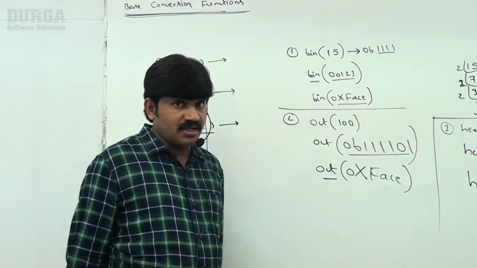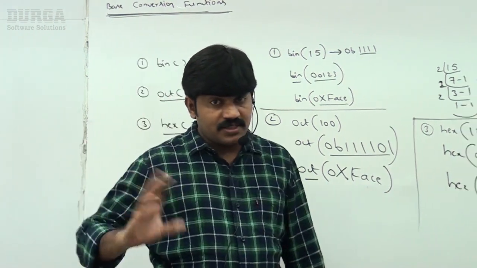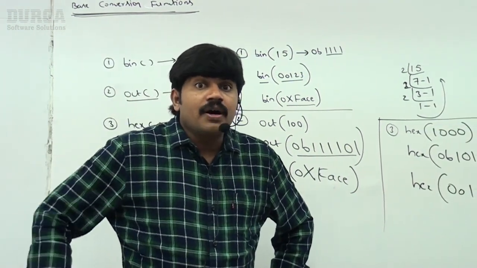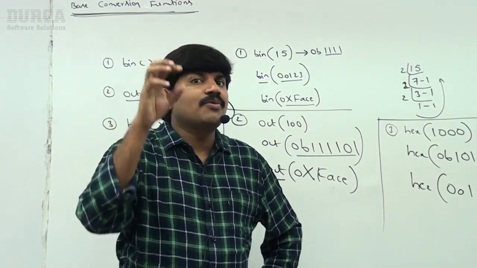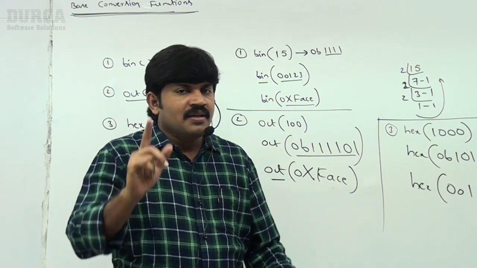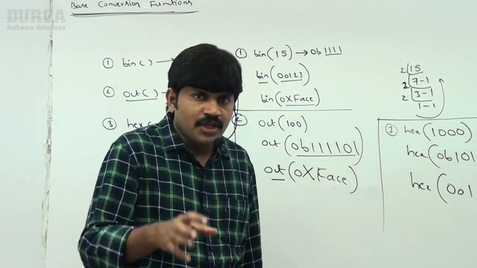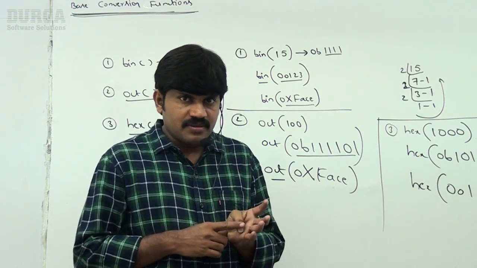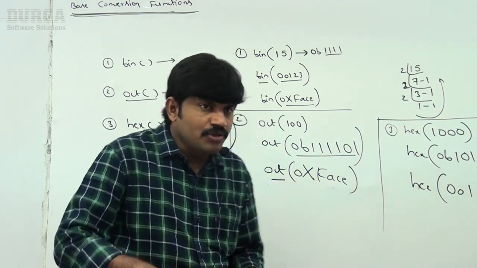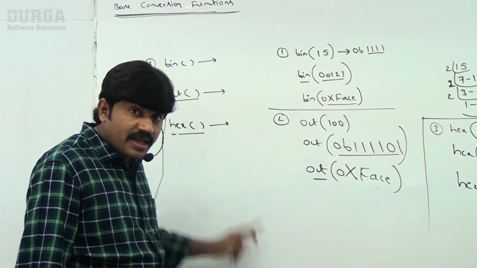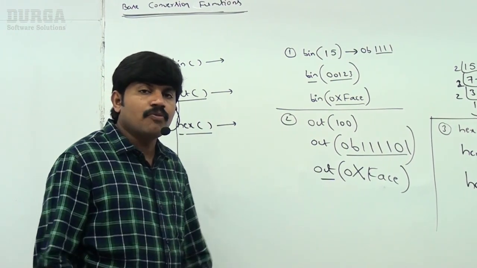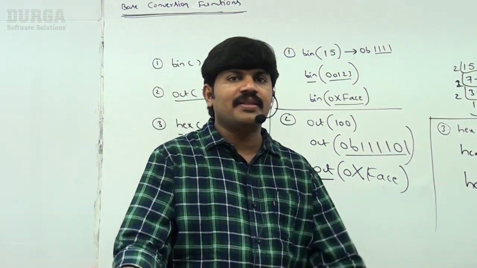Are you in a position to understand? But all these base conversions are applicable only for integral numbers. Remember this, only for integral numbers. To convert into binary, you have the bin function. To convert into octal, you have the oct function. To convert into hexadecimal, you have the hex function. But I want to convert into decimal. Where is the function?